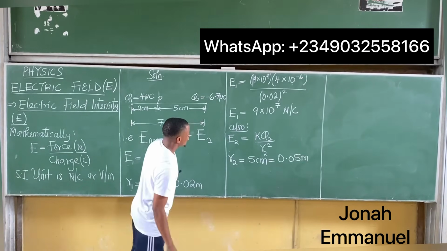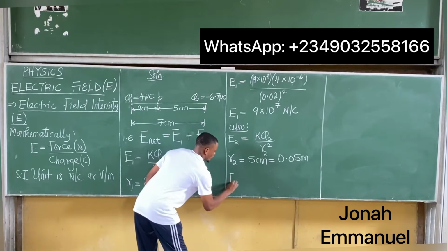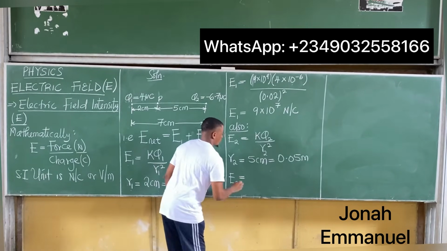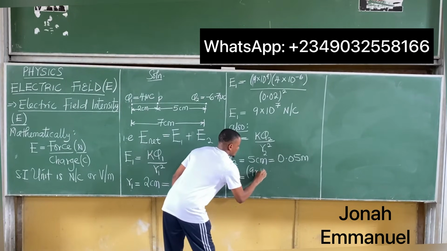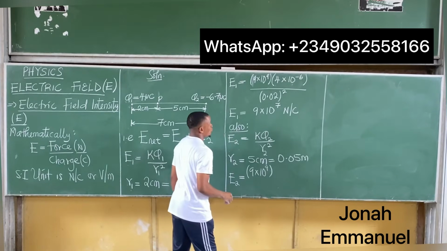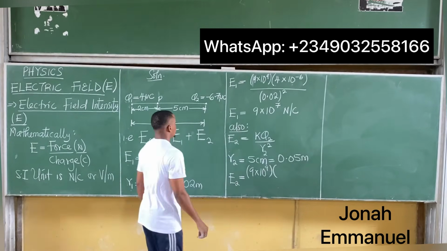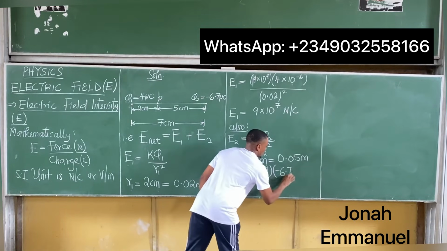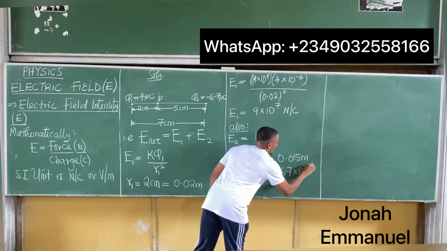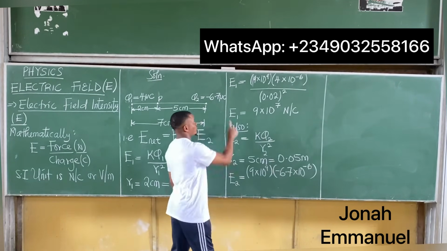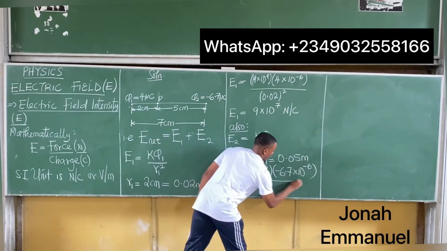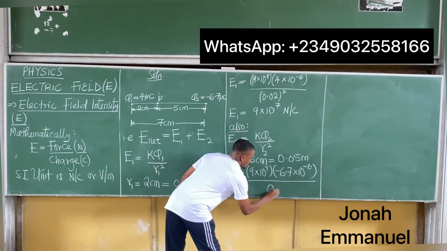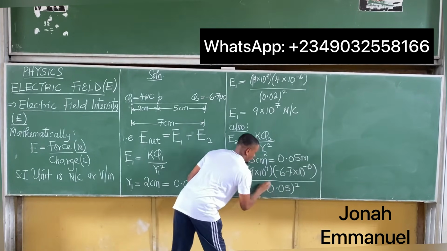So hence, we can say that E2 is equal to K, 9 times 10 to the power 9, into Q2. Q2 is minus 6.7 times 10 to the power minus 6, that's micro, all over R2 squared, which is 0.05 all squared.